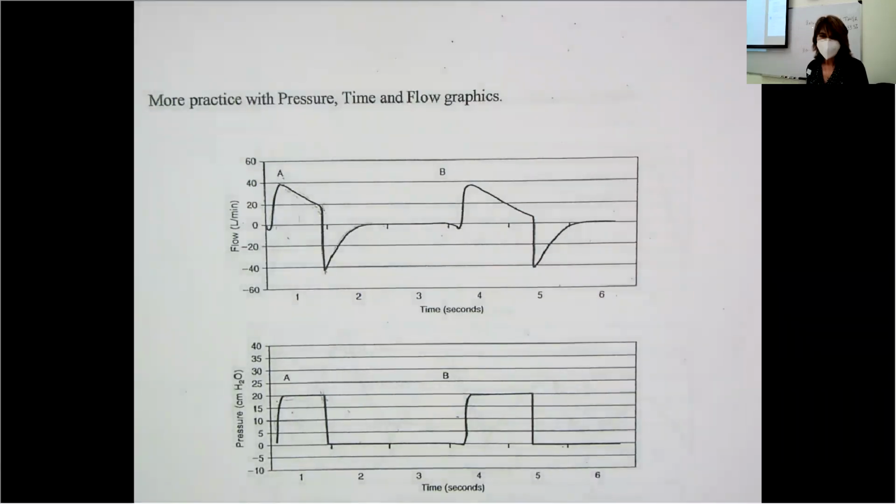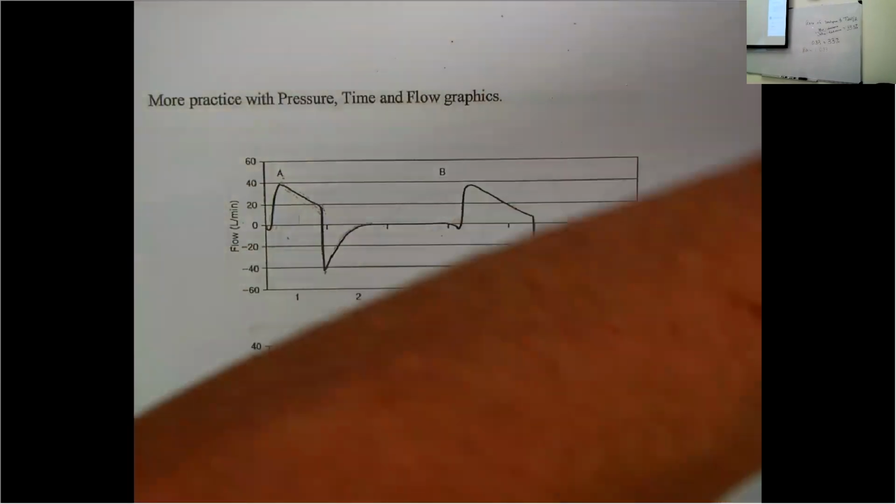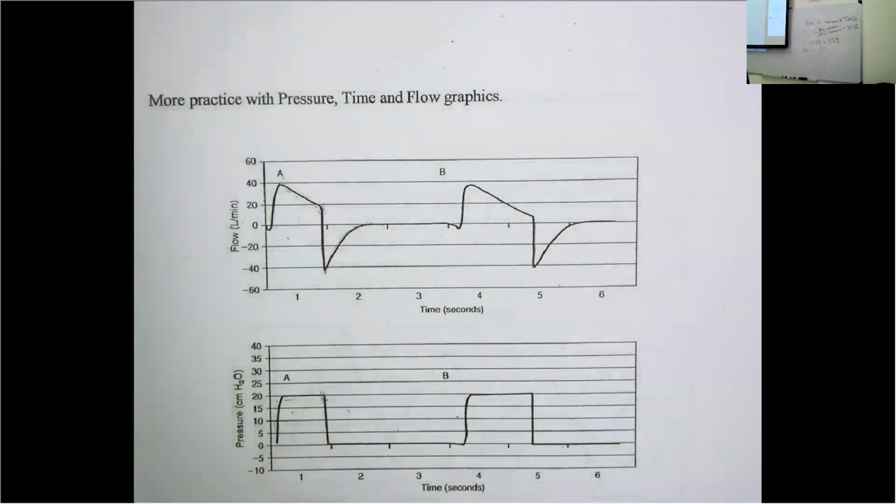All right, so you have the paper in front of you and the first page. It wants you to identify inspiration and exhalation on each of the 3 graphics. So with the first graphic, what is that measuring? Flow. And what part is inspiration?